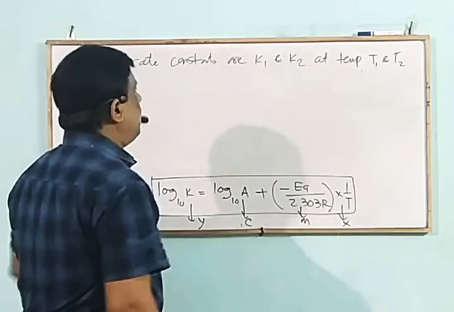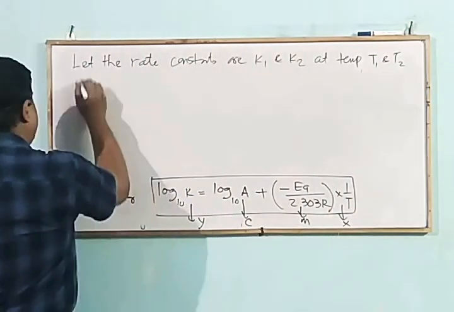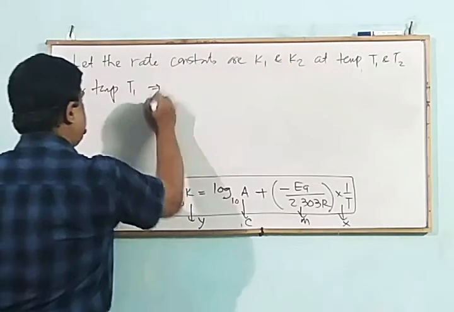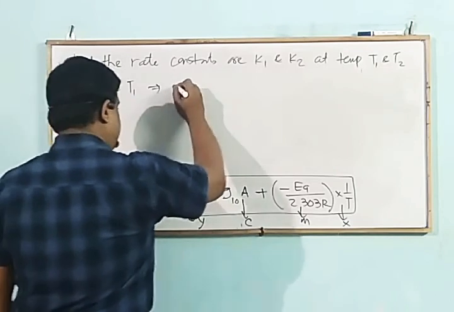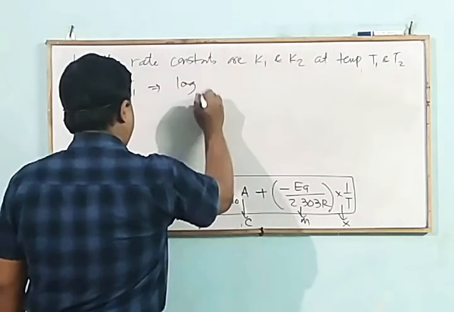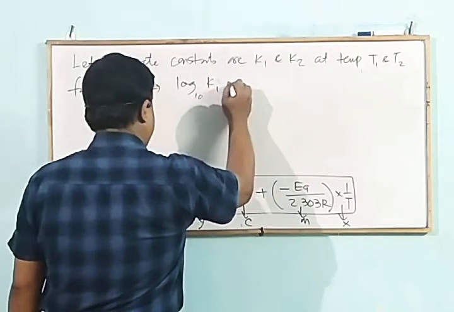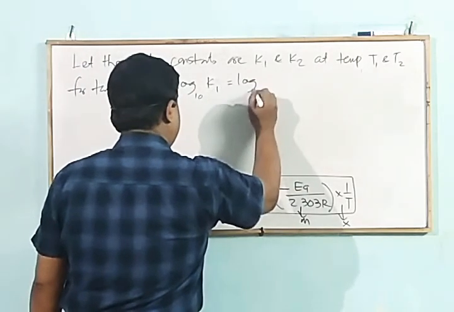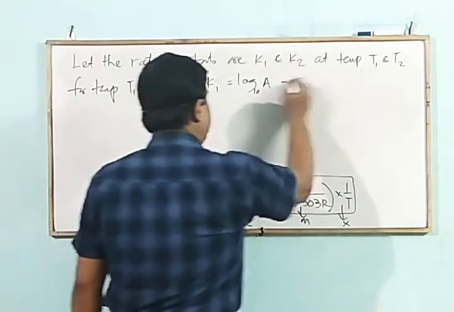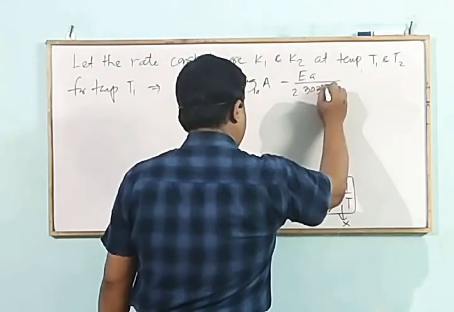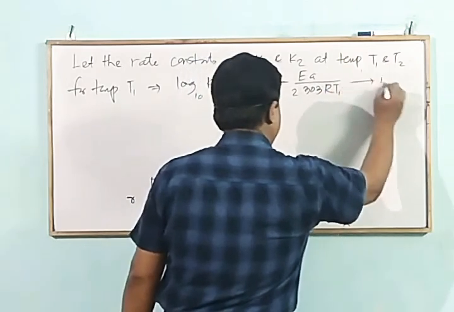For temperature T1, mark the equation: log K1 is equal to log A minus Ea by 2.303 RT1, equation 1.